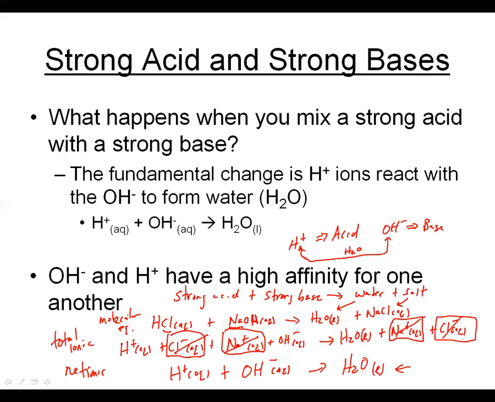And no matter what combination of a strong acid and strong base that you put together, the overall reaction, if you cut down to the heart of it all, the basic reaction is what we see at the bottom: the H plus from the acid and OH minus from the base is going to make water. So that's really the overall reaction that is taking place.